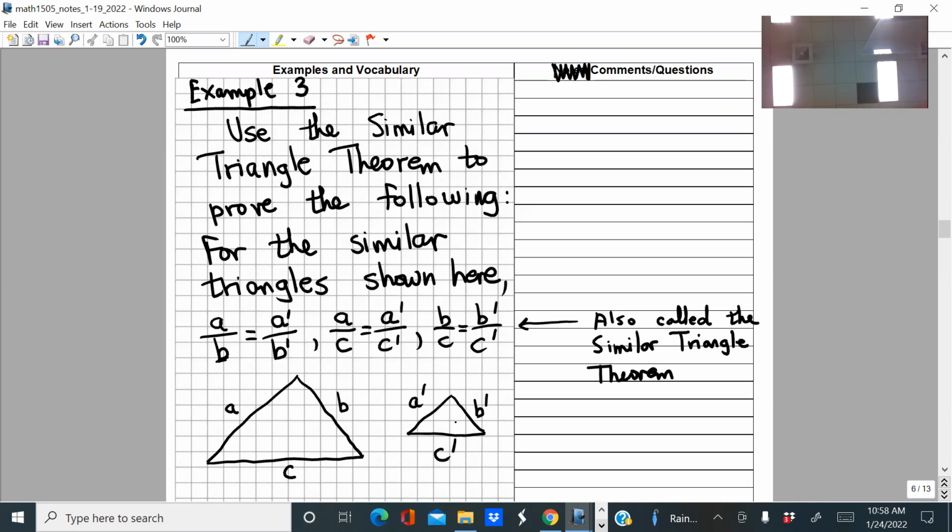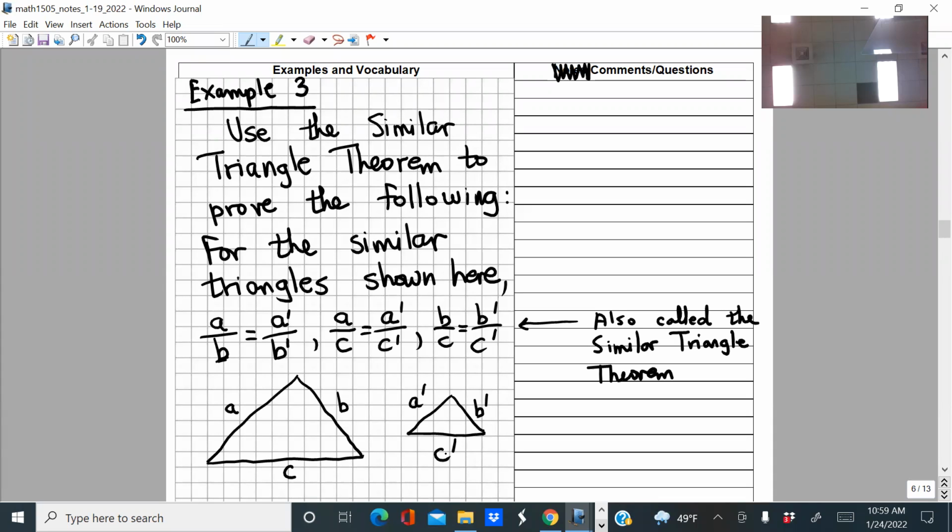And you can do that with any two sides you like. If you take A divided by C in this larger triangle, that's the same as A prime divided by C prime in the smaller triangle. Or if you take B divided by C, that's the same as B prime divided by C prime in the smaller triangle.